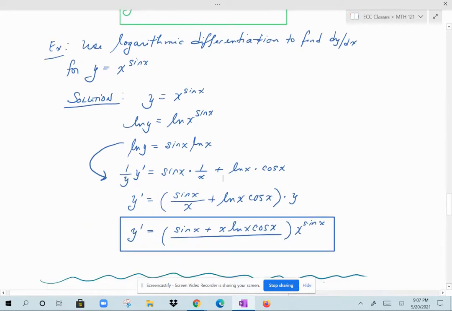So next step is to multiply both sides by y, and then I got a common denominator for the sine of x over x and ln of x times cosine of x by multiplying this one by x over x. So I end up with sine of x plus x ln of x cosine of x, all over x, times the value of y, which we know is x to the sine of x.